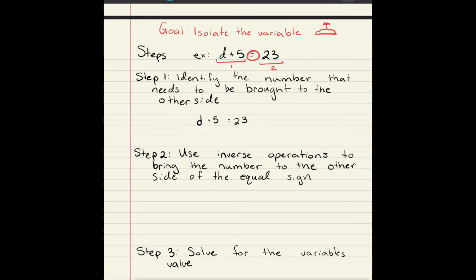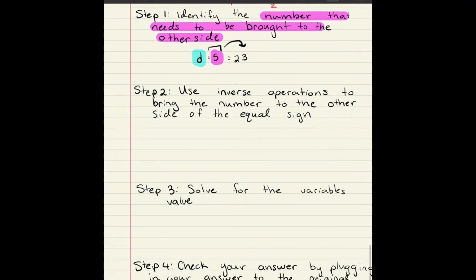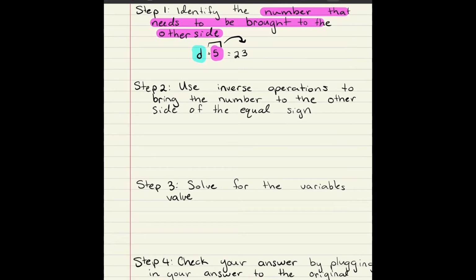The number that needs to be brought to the other side is 5, because we want to isolate the variable. We want to get d to be by itself. So to get d by itself, we have to get rid of 5 on this side and bring it to the other side.